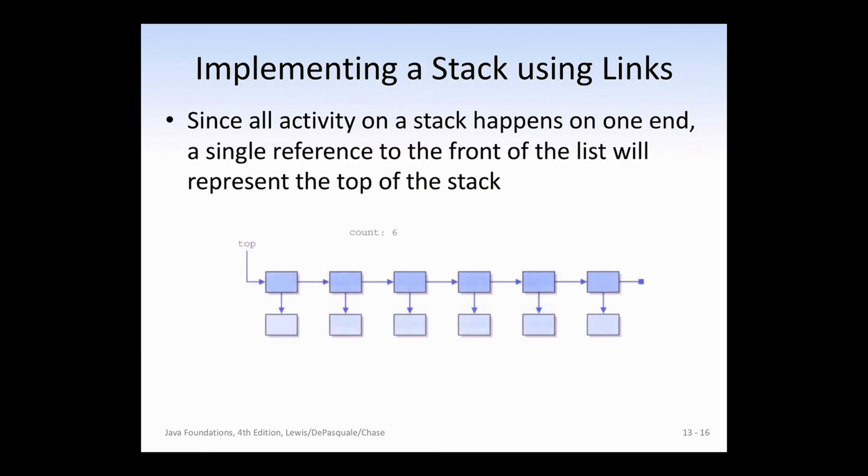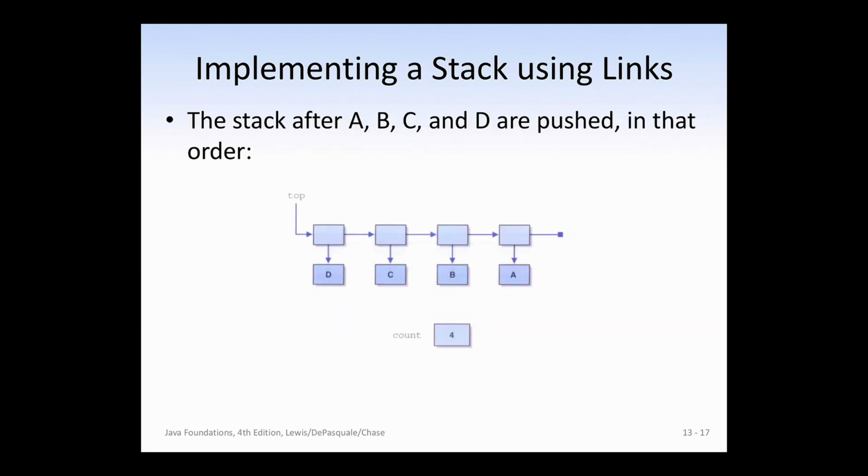Now, with a linked list, the concept is similar. Instead of an array, we have a linked list. We'll mark one end as the top, one end as the bottom. The nice thing about a linked list is that we can work from whichever end we want. It doesn't really matter. Well, it kind of does. So if we have a singly linked list with just a head pointer, then we have to work from the head side, because that's the only place where we can both add and remove elements in constant time.